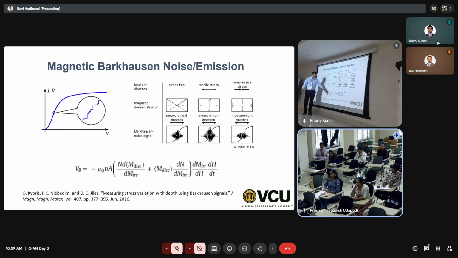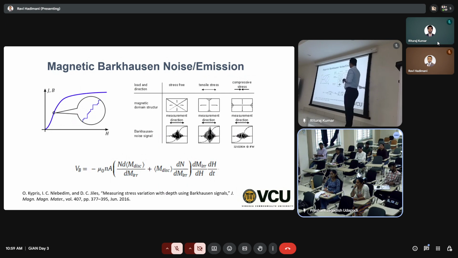This is the demagnetization field, and this is M reversible. Again, reversible, this is irreversible. This is changing delta H, and this is the area. So it depends on all these parameters, and that can be correlated to residual stresses.